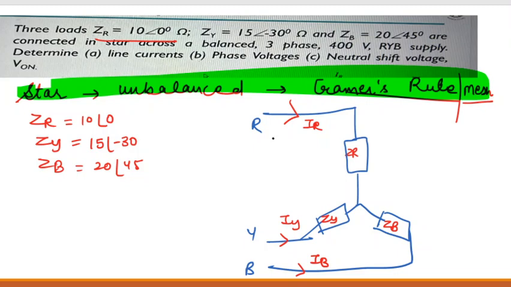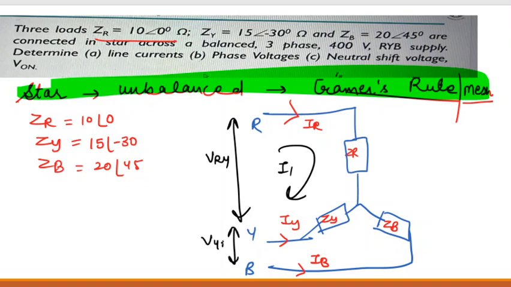If we consider current I1, the voltage across R and Y is VRY, the voltage across Y and B is VYB. Here the current I1 is flowing and here current I2. So can we apply the mesh analysis over here?